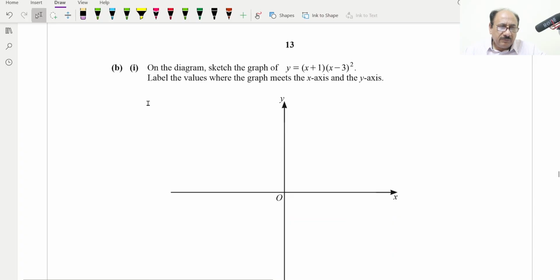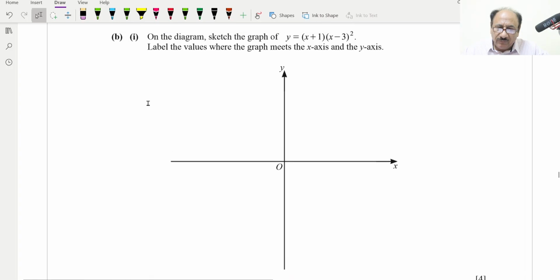Now the B part, B(i), is also interesting. You will have to check on the diagram, sketch this graph, and label the values where the graph meets the x and y axis. So for the y axis, it is simpler, what we can do is replace x with 0. So y is equal to (x plus 1) into (x minus 3) squared.